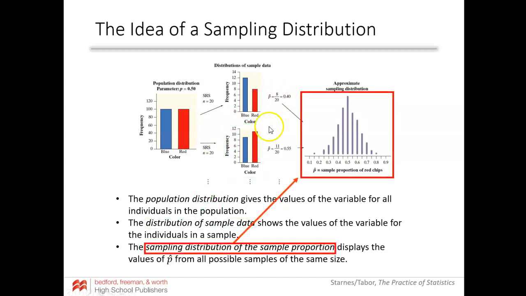When we take all of the p-hats and put them together into another distribution, this is called a sampling distribution of the sample proportion. Yikes, that's a mouthful, huh? So a distribution of sample data is one individual sample. When I put them all together, we have a sampling distribution.